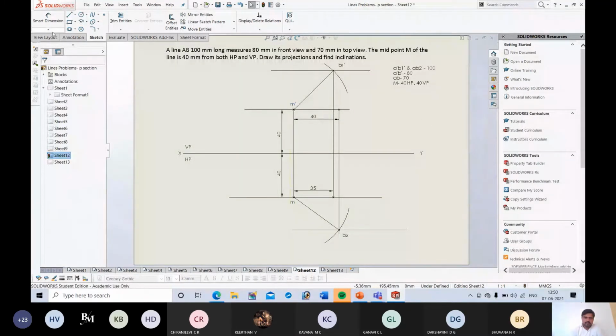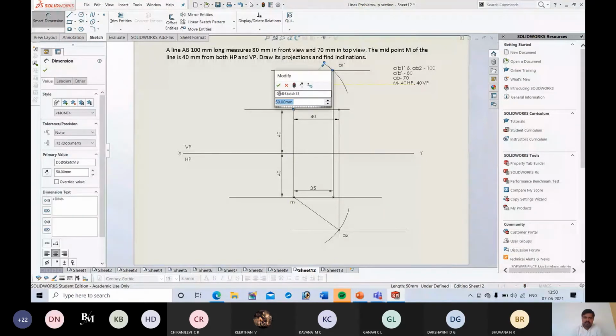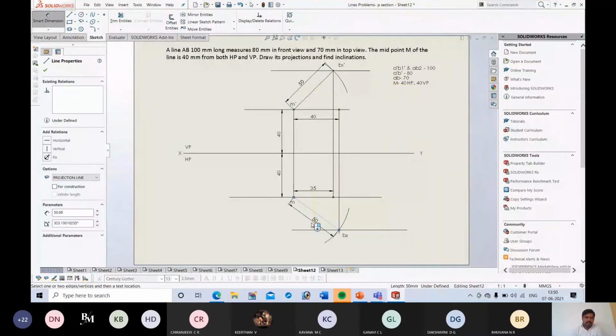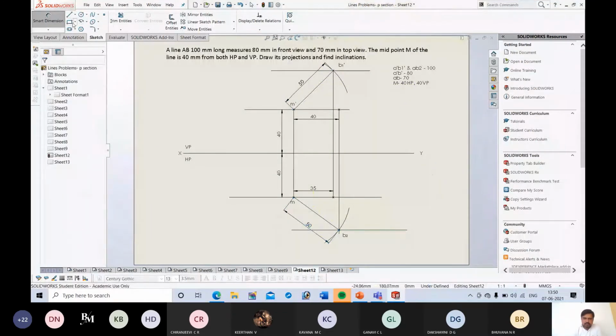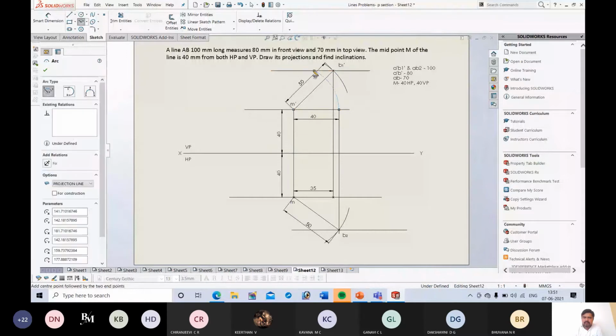This is the true length on VP and this is the true length on HP. Next, I should get the views. I have already taken views on locus of M dash and M. So I will consider this point as center and draw an arc. So this is the front view.